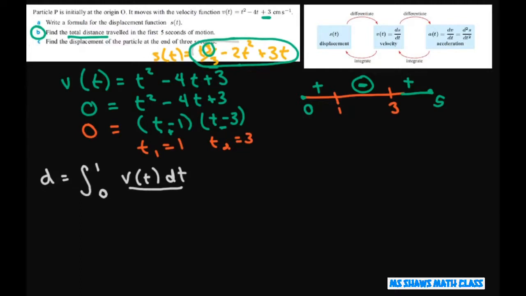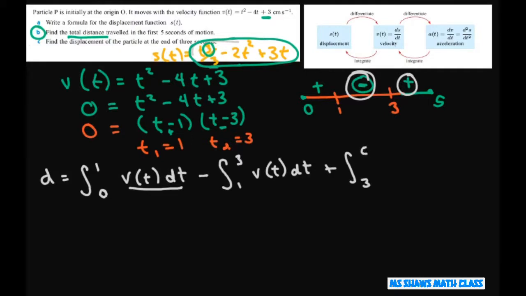You write that, and now since we have a negative, you write minus. And now we're going from 1 to 3, and then you write the function here. And then, since we have a positive, we're going from 3 to 5. And that's going to be your function here.